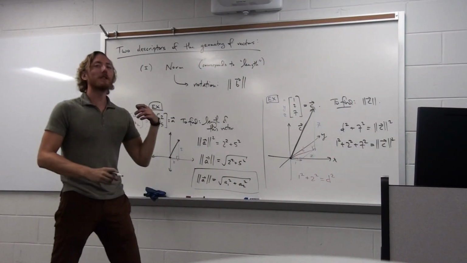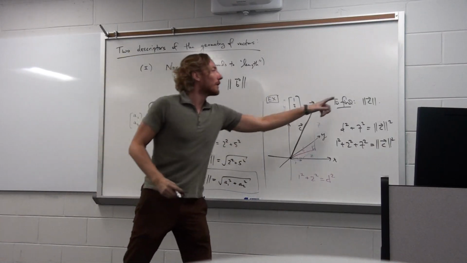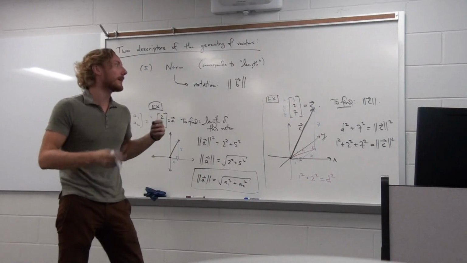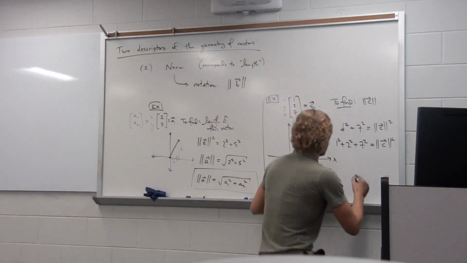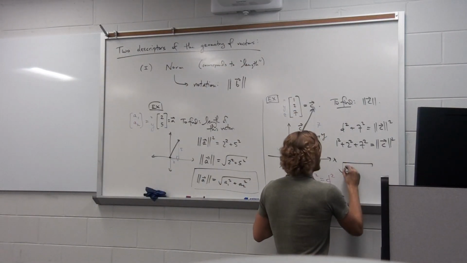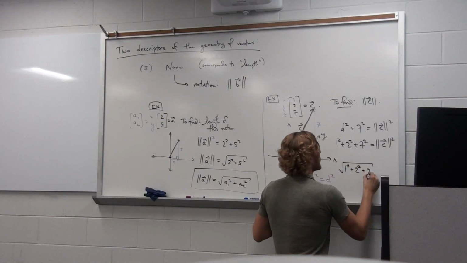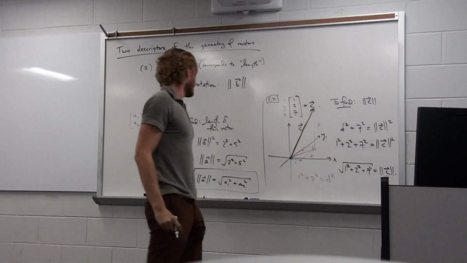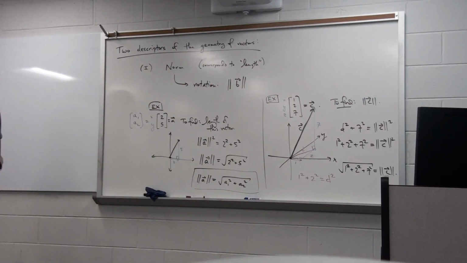Did we want to know the norm of C squared? No, we were hoping to find the norm of C. If you know the norm of C squared and you want the norm of C, take the square root. The square root of 1 squared plus 2 squared plus 7 squared is the norm of C.